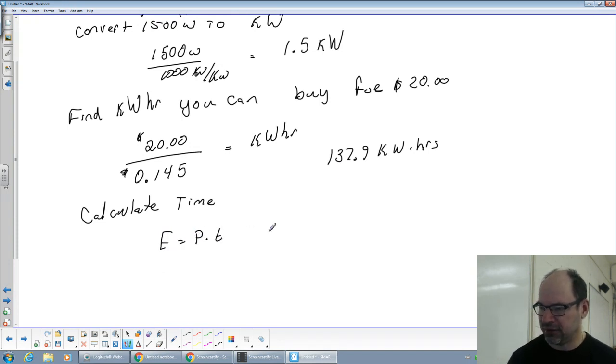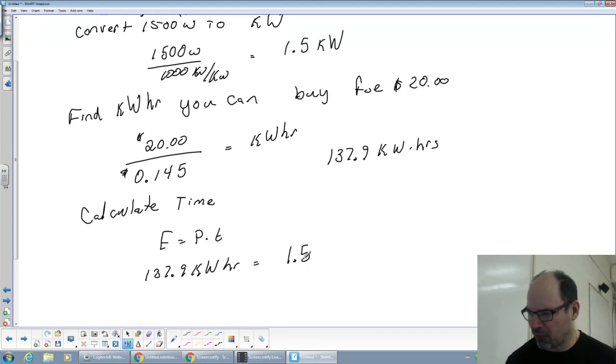So the energy equals power times time. Okay, our energy is so many kilowatt hours. Our power of our implement was 1.5 kilowatts, and our time is blank. So we have to divide both sides by 1.5.